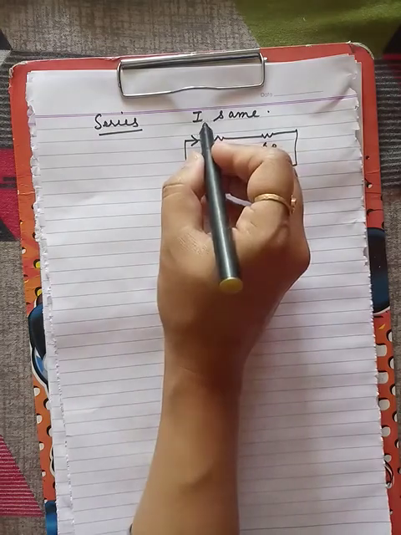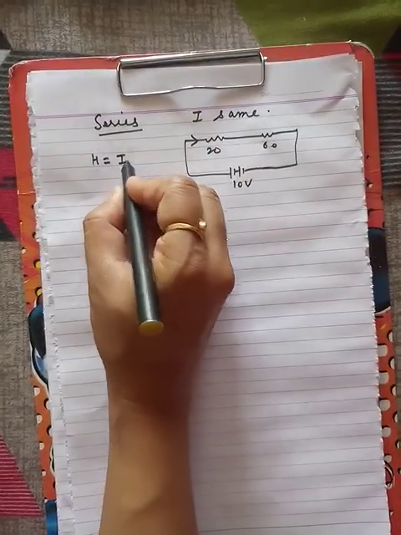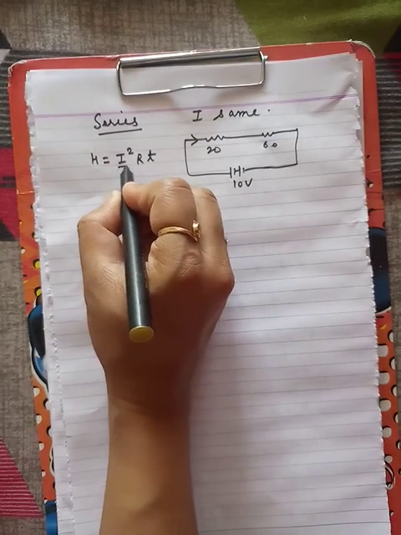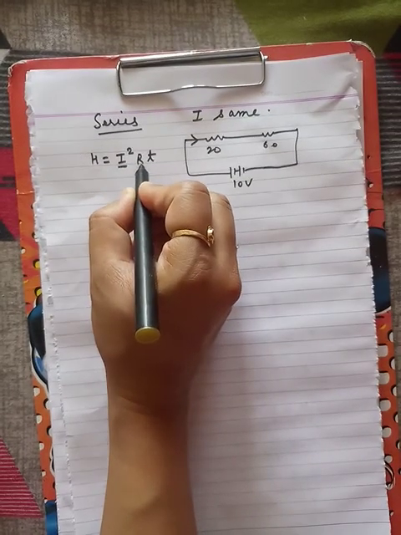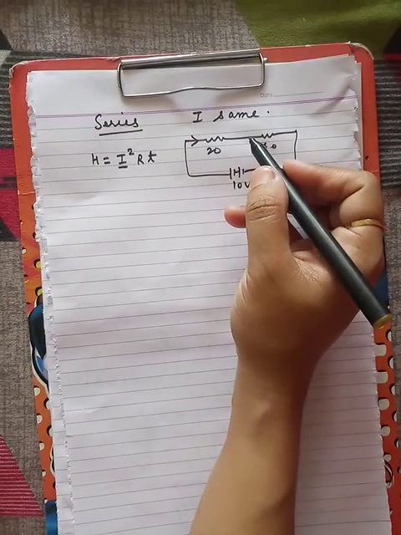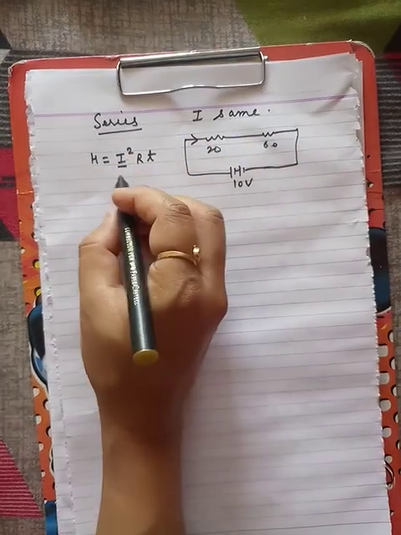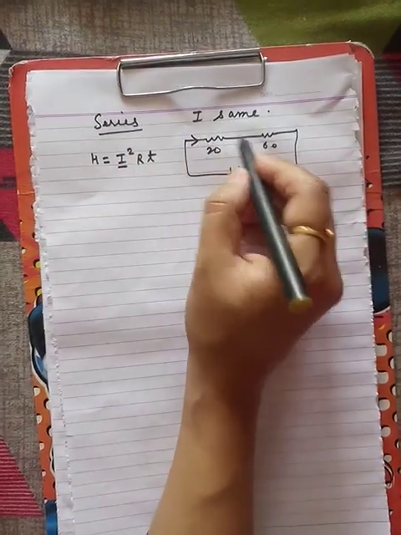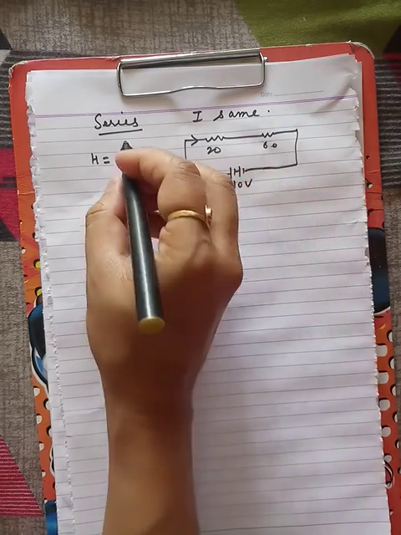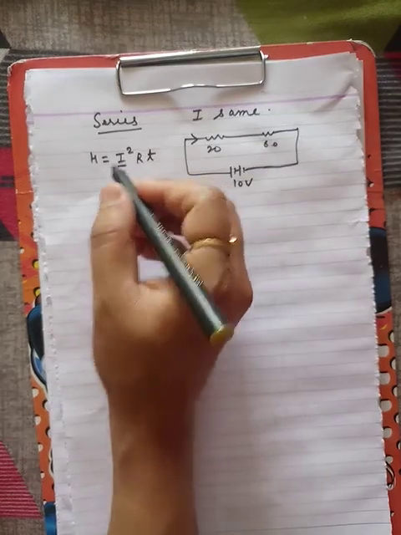Now if I is the same, heat produced can be found by using this formula, H equals I square RT, because I is the same. R is given, we don't know V. So there is no need to find out V itself, we can use this formula. We can find out V over here and here using the method of series parallel combination, but we have this formula, so we will use this formula.